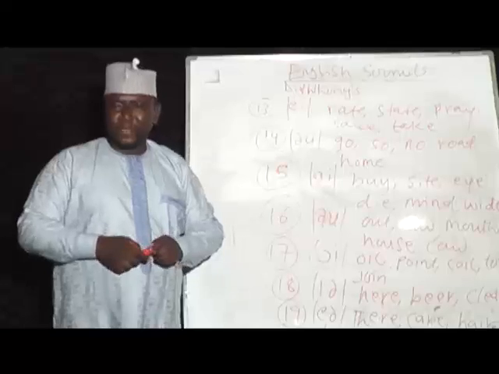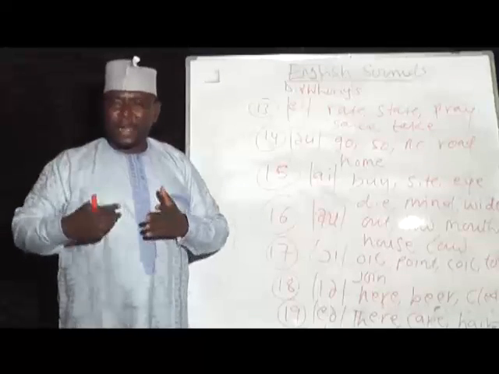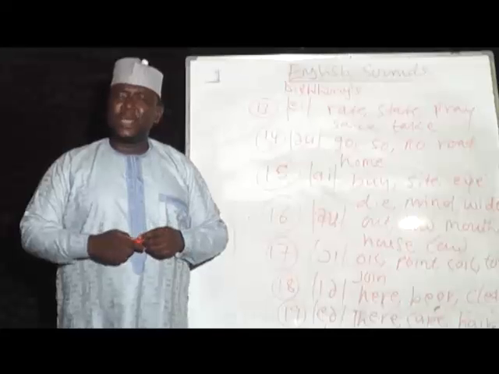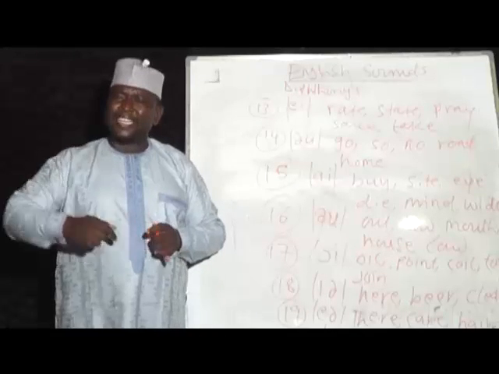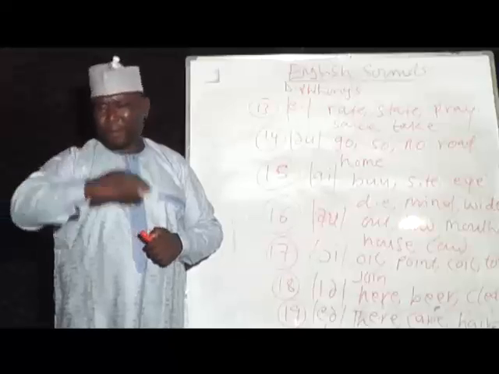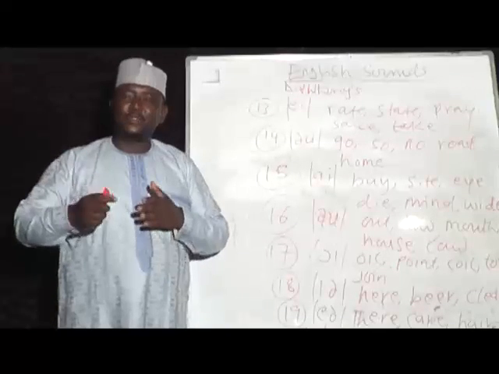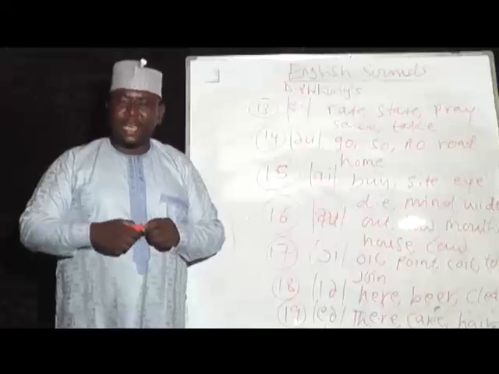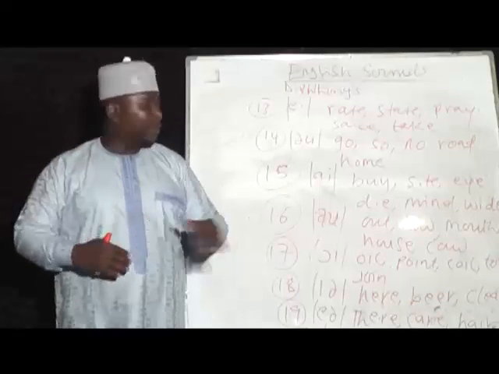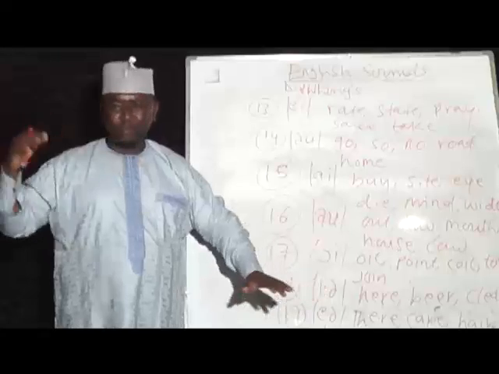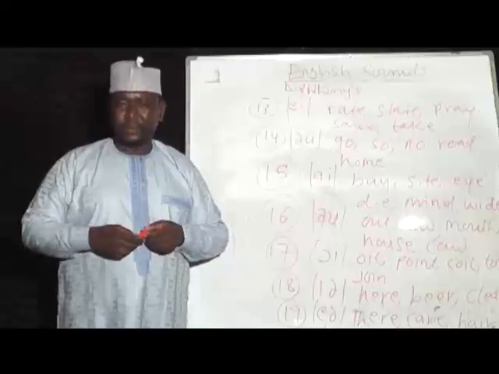But let me tell you something. There is what we call hypercorrection in language usage. Hypercorrection is an attempt to speak exactly like the native speaker, although you have not achieved that level of practice. It is to be done gradually. You don't achieve that sophisticated level at once, but with practice and knowledge of the sounds, you get to whichever level you want to reach in pronunciation.